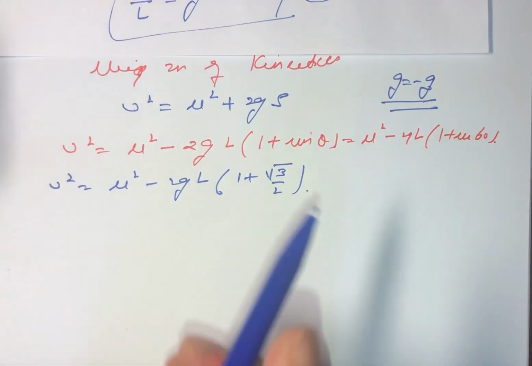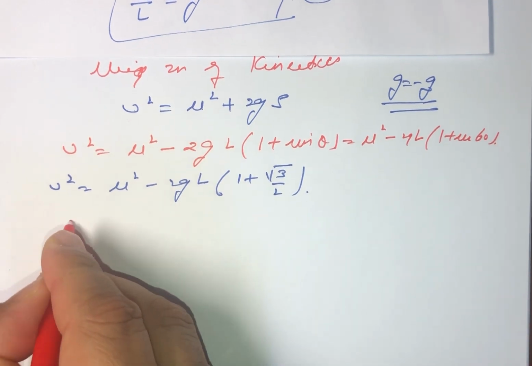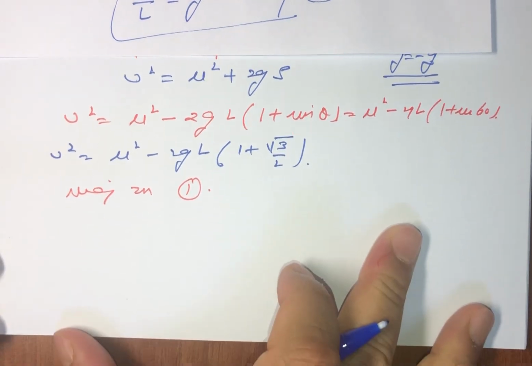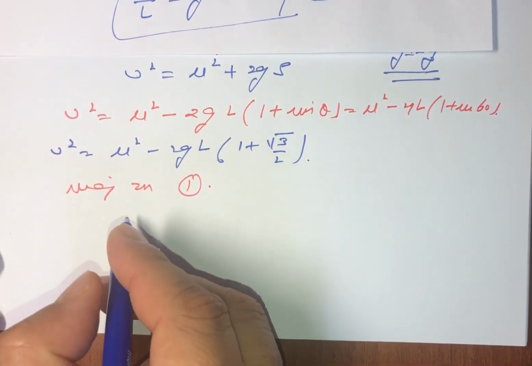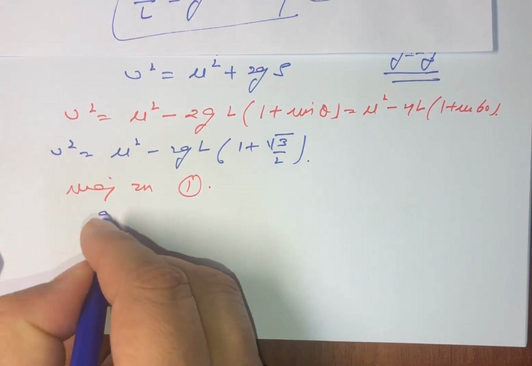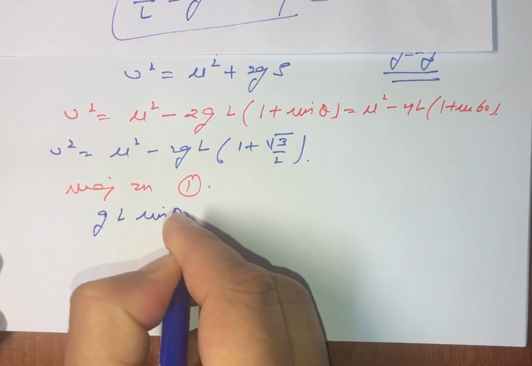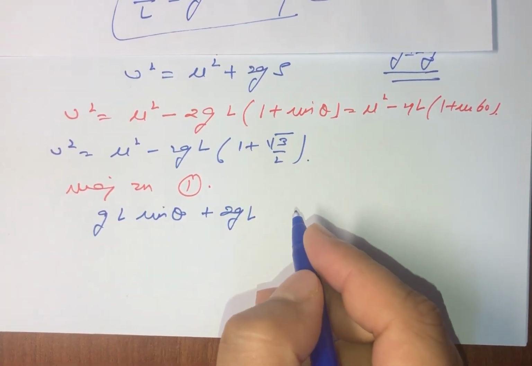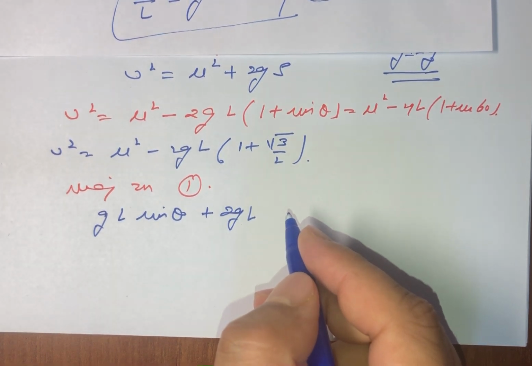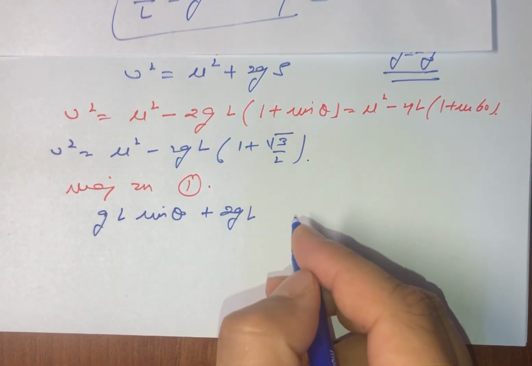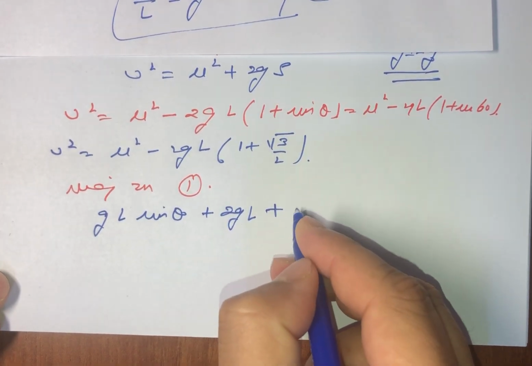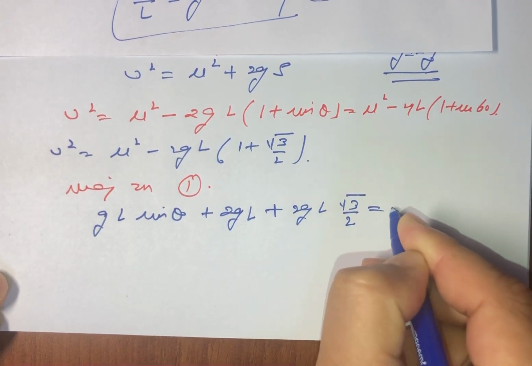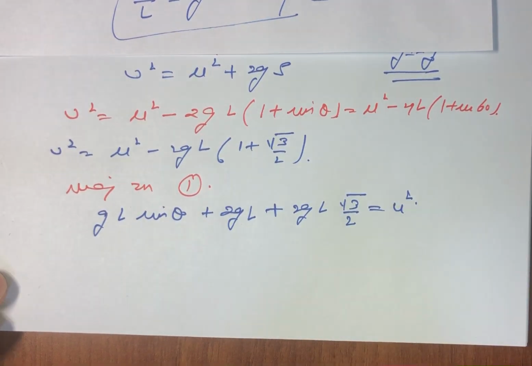So using equation 1, we get gL sine of theta plus 2gL plus 2gL times root 3 by 2 is equal to u square.